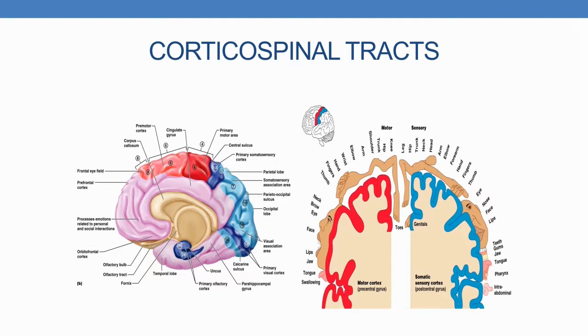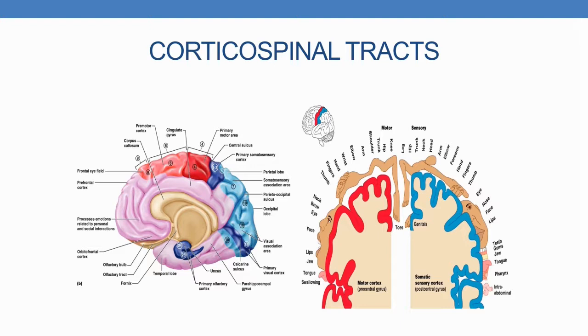So when we're talking about upper motor neuron lesions, recall that the upper motor neurons begin in the primary motor cortex, and that's that area of the cortex located immediately anterior to the central sulcus of the brain.